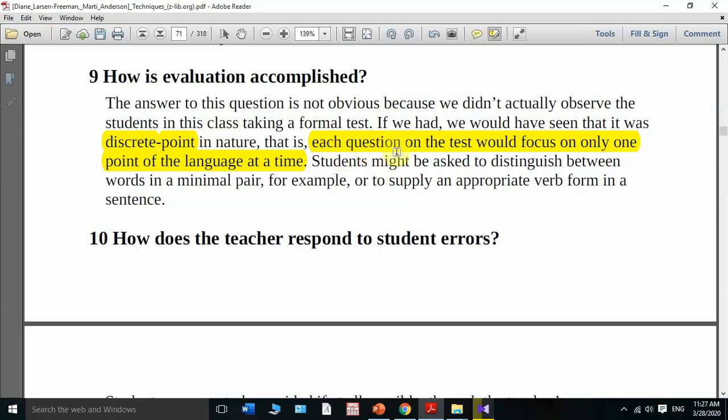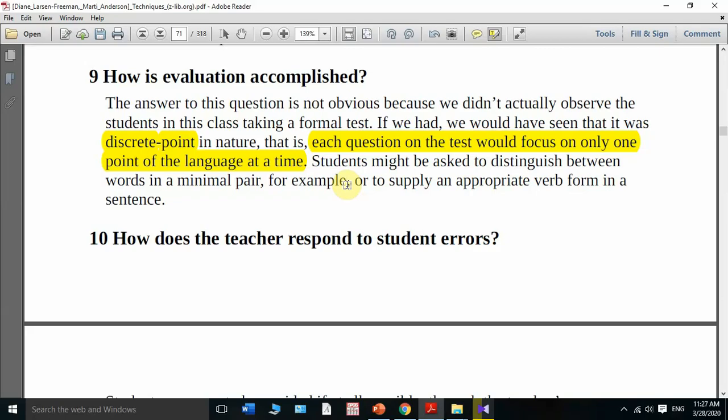Like what? Students might be asked to distinguish between words in a minimal pair, for example, or to supply an appropriate verb form in a sentence. So very basically they just focus on one very specific area, like fill in the blanks. They are supposed to use just one word, and there is only one correct answer.